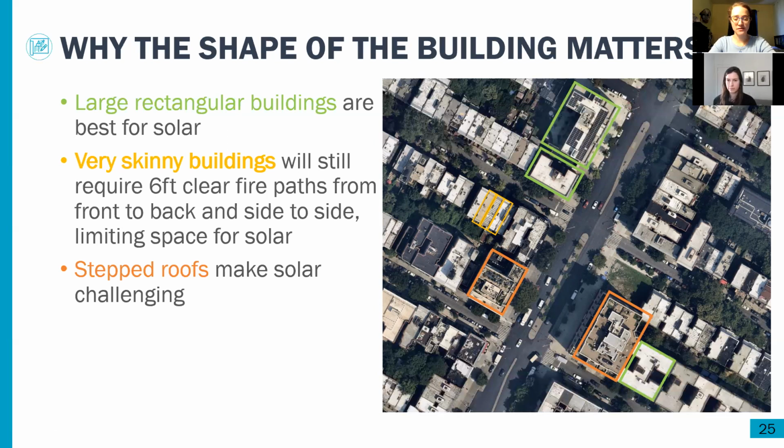So you need lots of smaller arrays in different places. It's, again, still possible, but much harder to do solar when there's not as much open contiguous space. And this, again, is a good place to use the solar feasibility analysis. You can use the square footage of the roof that you have and put that in, and the feasibility analysis will estimate how much solar you can fit in a given space.